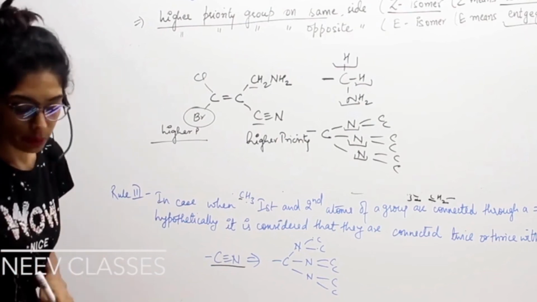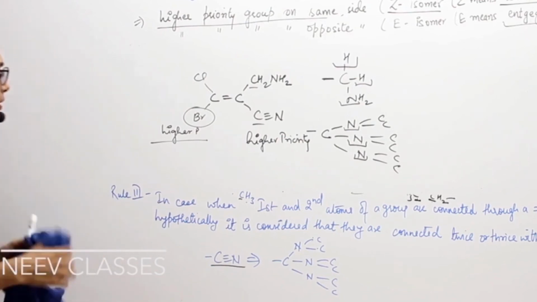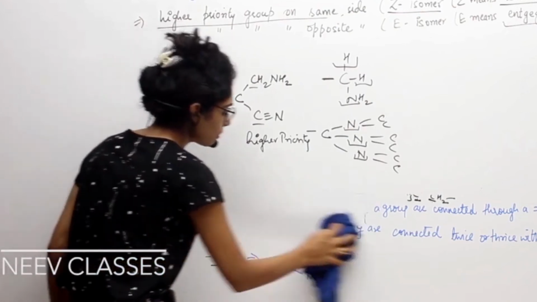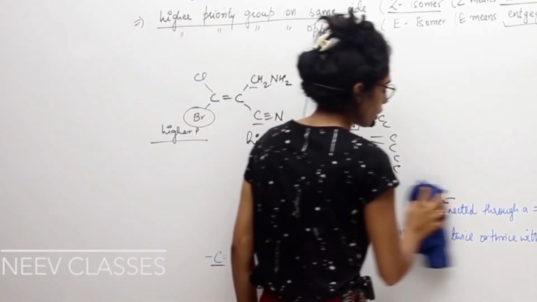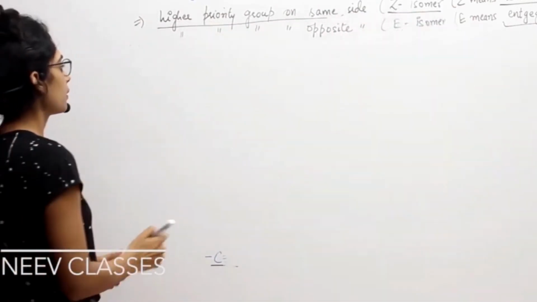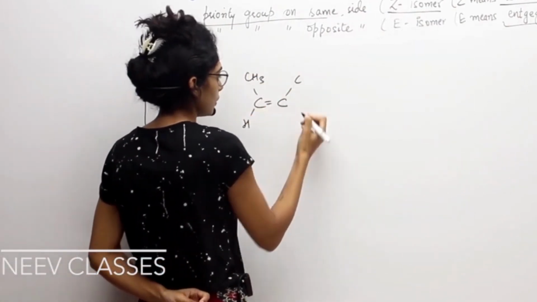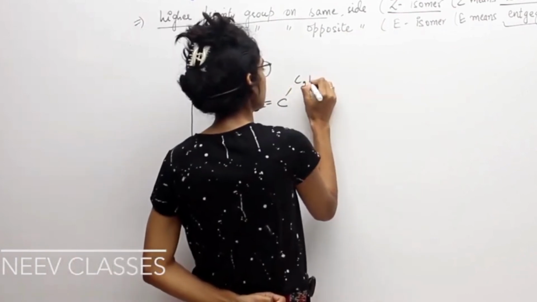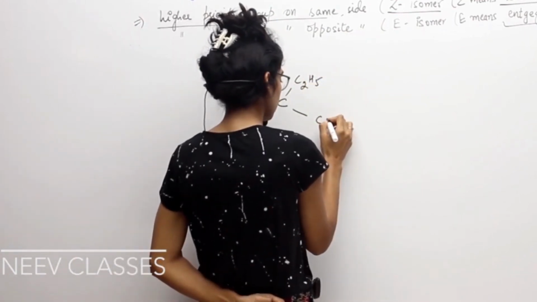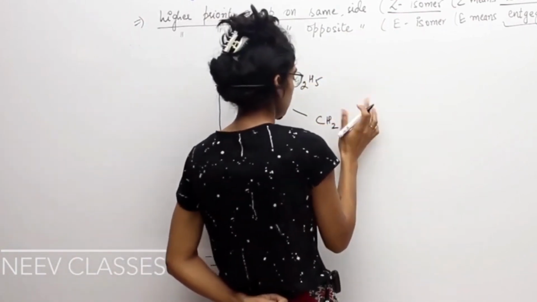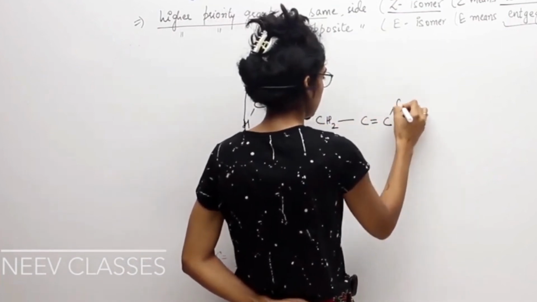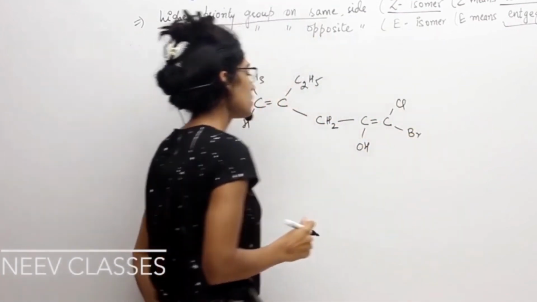Now there is one more important thing which I would like to tell you, and that is, just in case you have 2 or more than 2 double bonds, how to write the configuration. So let's say we have this. So this is my molecule.